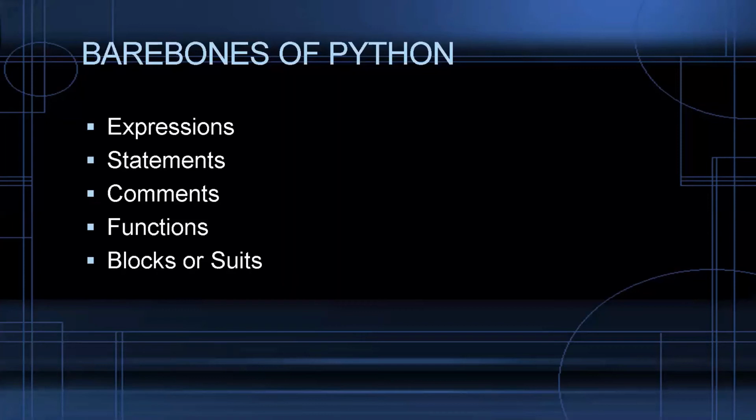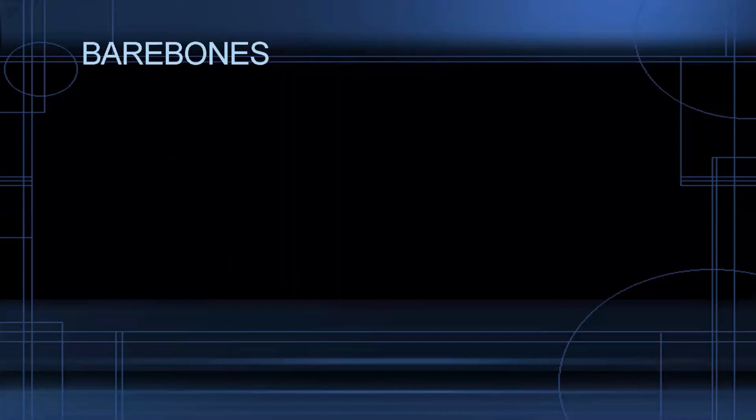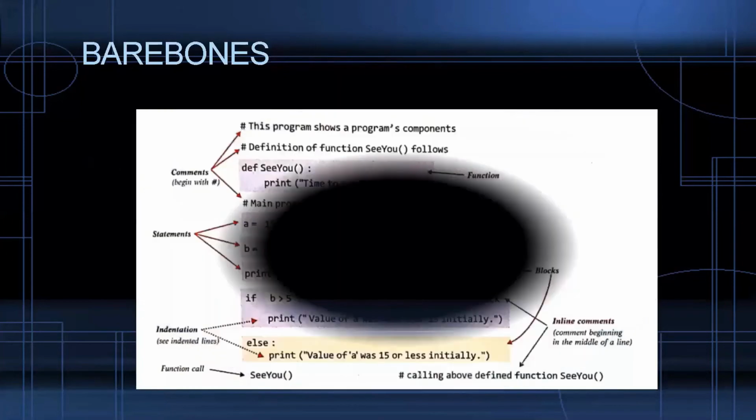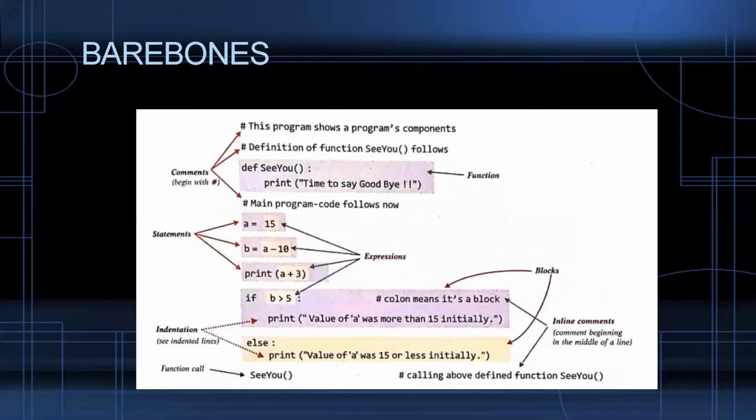Now, let's look at a figure which will give the brief description of Barebones of Python. Here you can see comments are the lines which begin with hash symbol. The second one is function, that is def CU function, print time to say goodbye. That is the example for function.